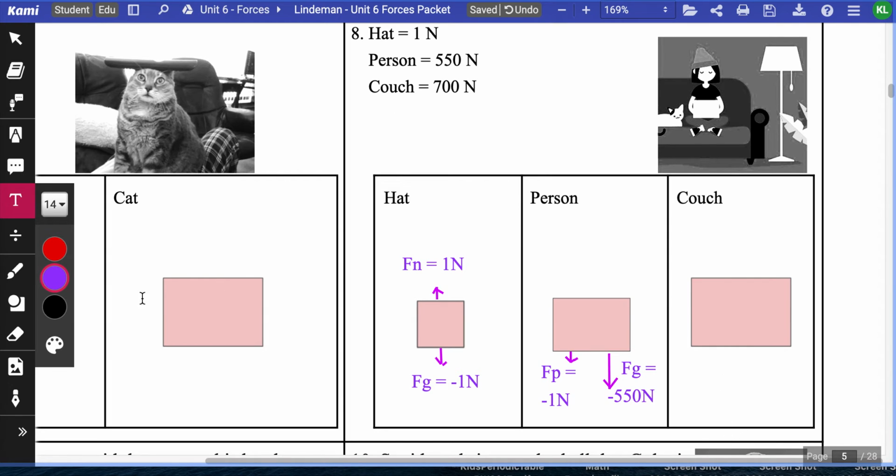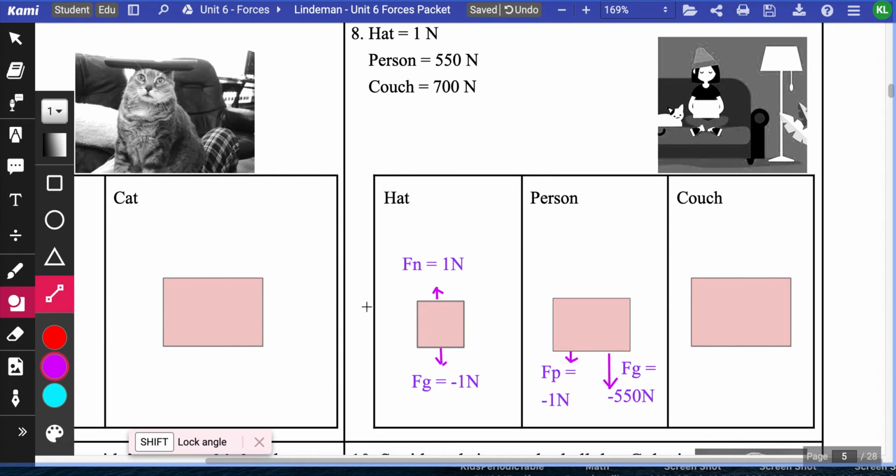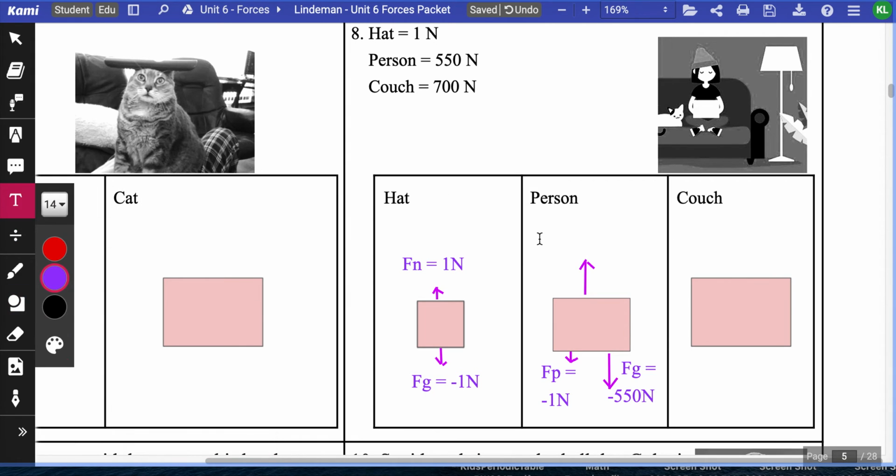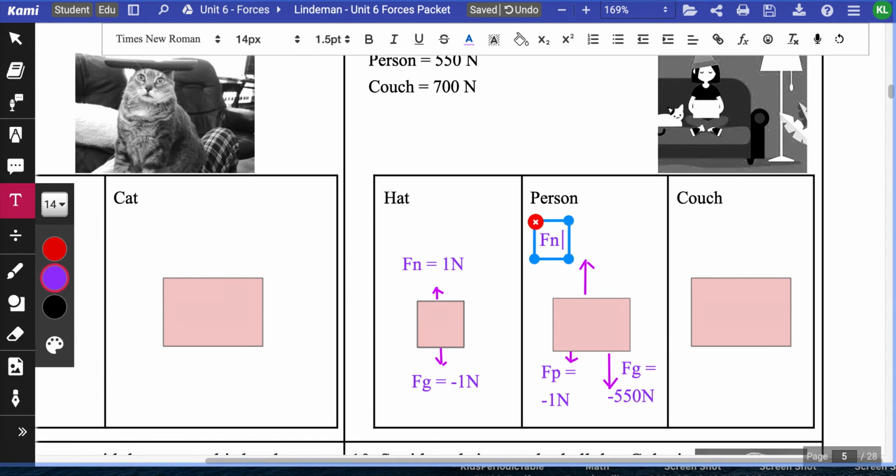Okay? So then we have Fn for the person. This is going to be the sum of these two arrows together, okay? So this is going to be a little longer than the Fg. I don't know, maybe like that. Again, you're just estimating, okay? So then Fn is equal to 551 newtons.